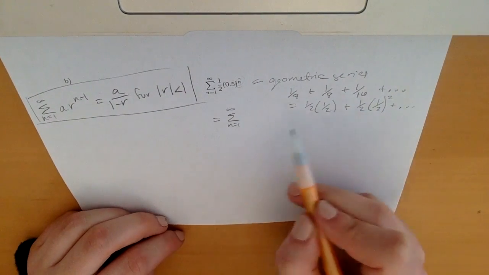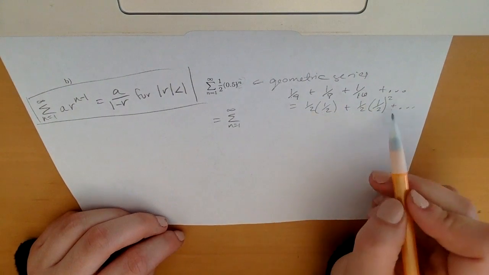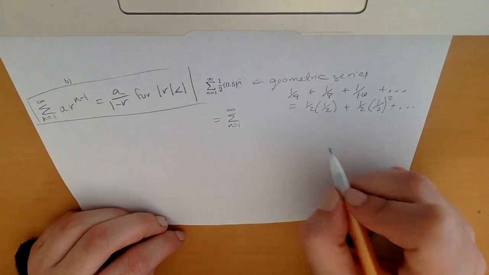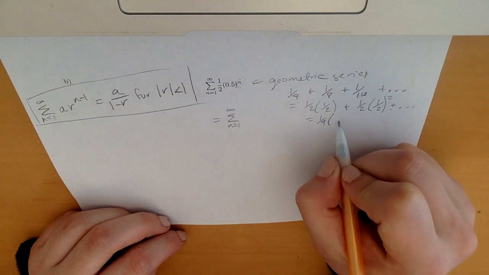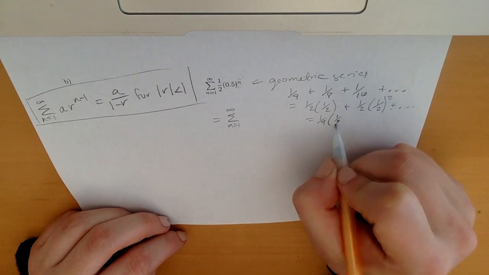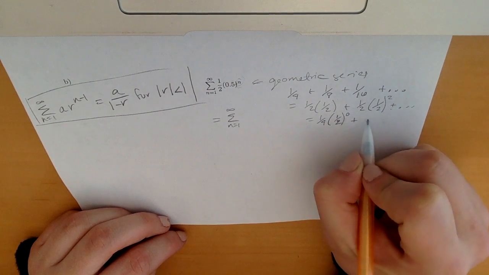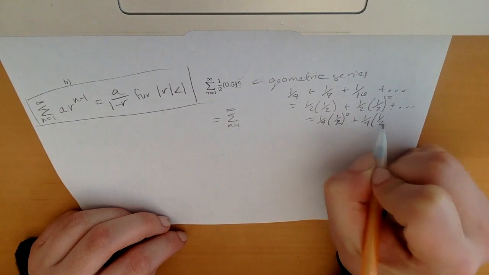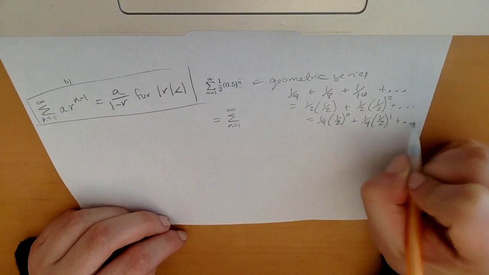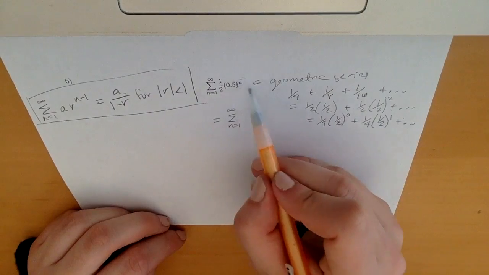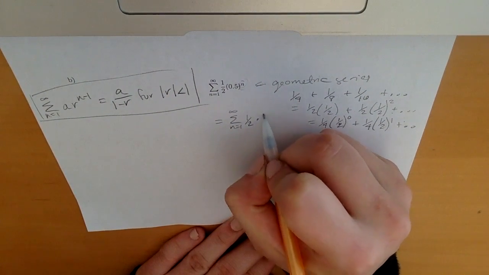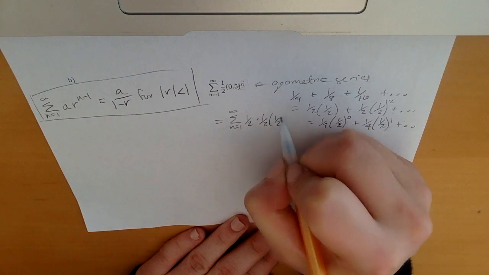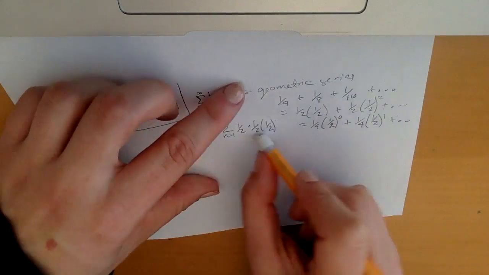What we'd like is for each of these to be 1 less power, okay? So I'm going to pull out this half, and so I'm going to have 1/4 times (1/2) to the 0, right? Just 1, plus 1/4 times (1/2) to the 1, and so on. And then I'll have that n minus 1 power.